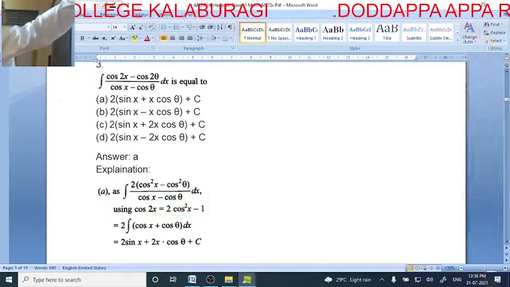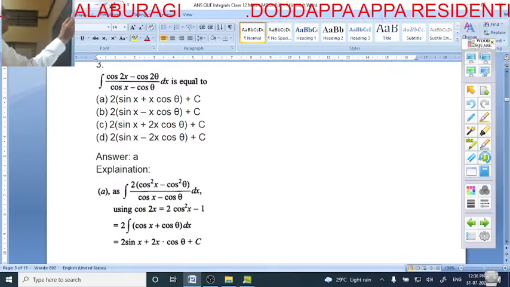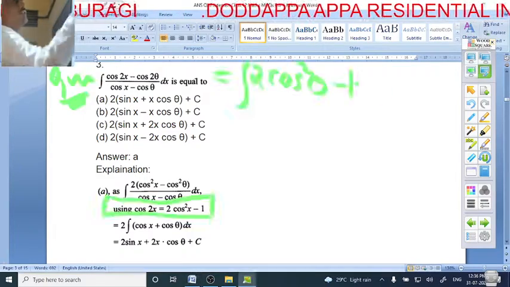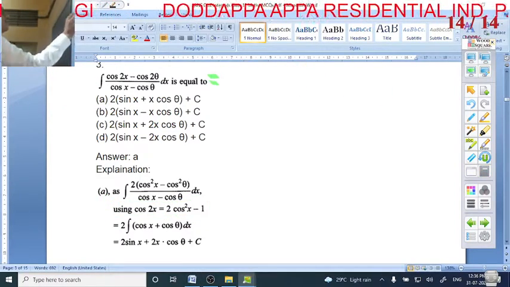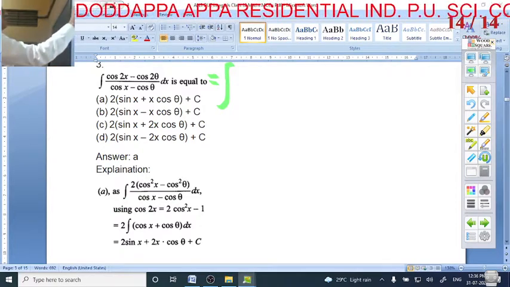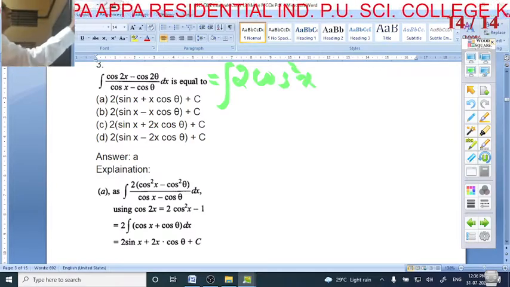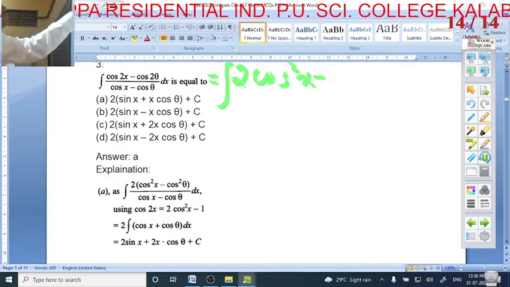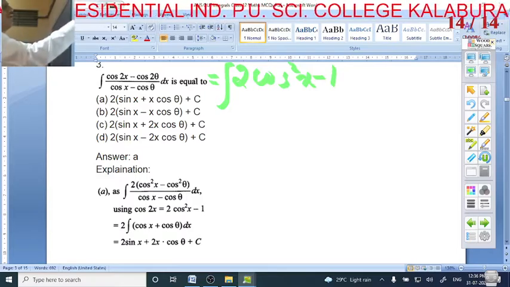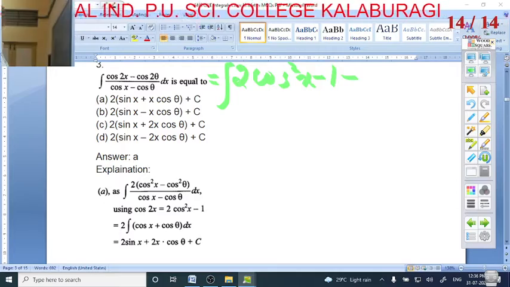So once again I am rewriting, no problem. This is integration of, in terms of x, 2 cos square x minus 1, and the outside minus is there, actually 2 cos square theta minus 1 we are getting.